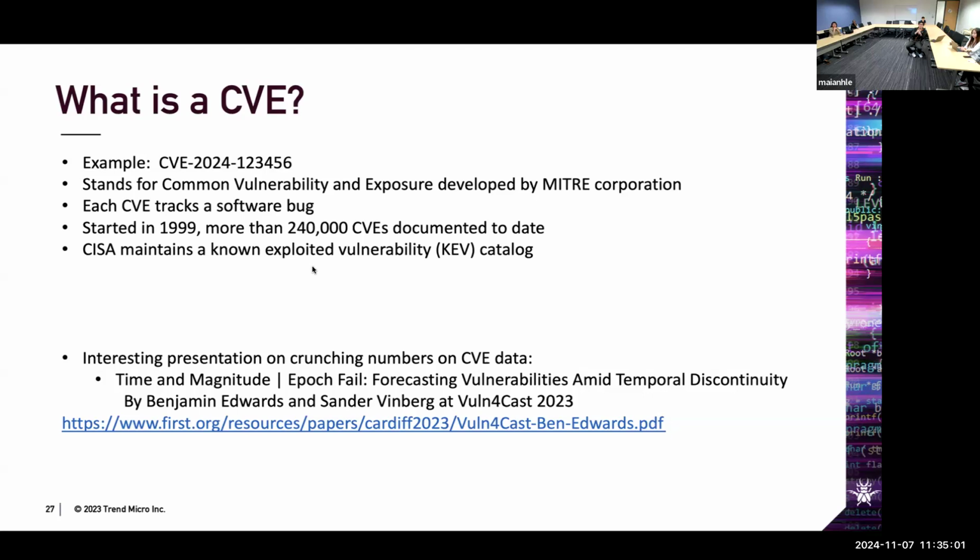The gist is that if you want to work with this data, you have to work with the data from 2016 and on, due to the change of the program, like the introduction of CNAs, which are CVE Numbering Authorities, who would submit that. So I would highly encourage you all to further read this presentation. They've crunched these numbers in all the ways that they could imagine, and I just can't cover that.